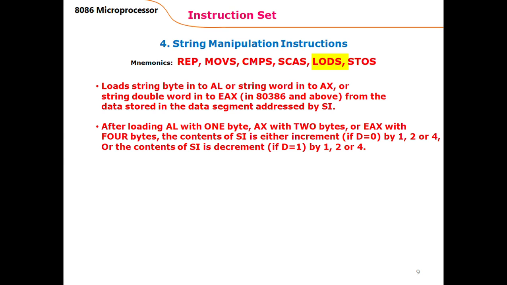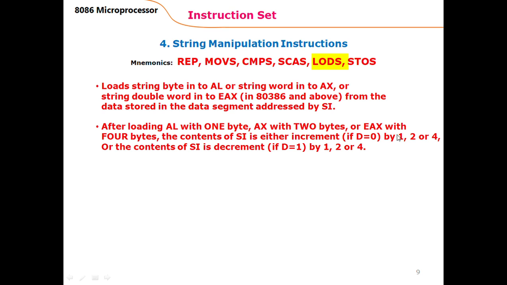If it is auto increment mode, then SI is incremented by 1 if AL is loaded, by 2 if AX is loaded, and by 4 if EAX is loaded. And if auto decrement mode is set, that happens when D is 1, then SI is decremented by 1 if AL is loaded, by 2 if AX is loaded, and by 4 if EAX is loaded.